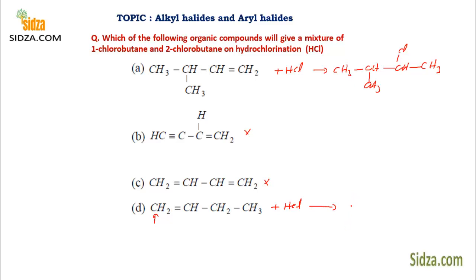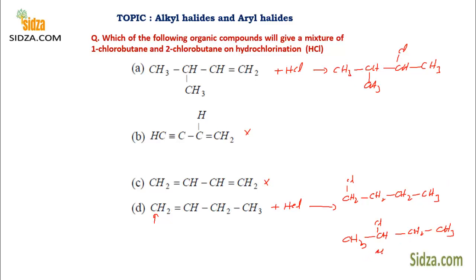The Markovnikov product is the major product, and the other one is the minor product. So in this case the products will be CH2Cl CH2 CH2 CH3, and you also get another one, CH3 CHCl CH2 CH3.